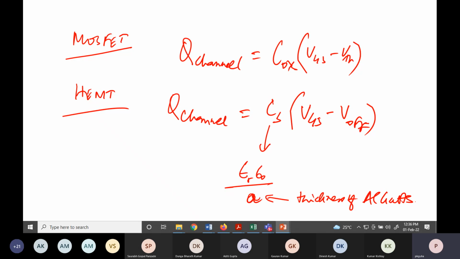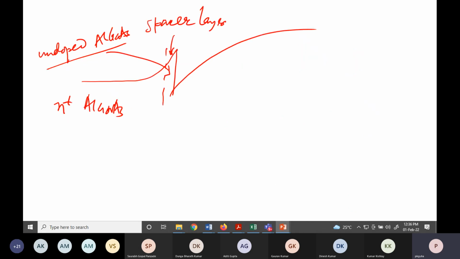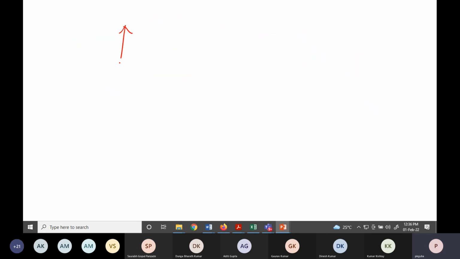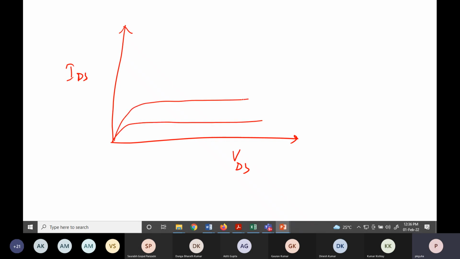Now it is possible to show that the current-voltage relation in HEMT is similar to that of MOSFET. So if I plot IDS versus VDS, we will have a similar characteristic to that of MOSFET.